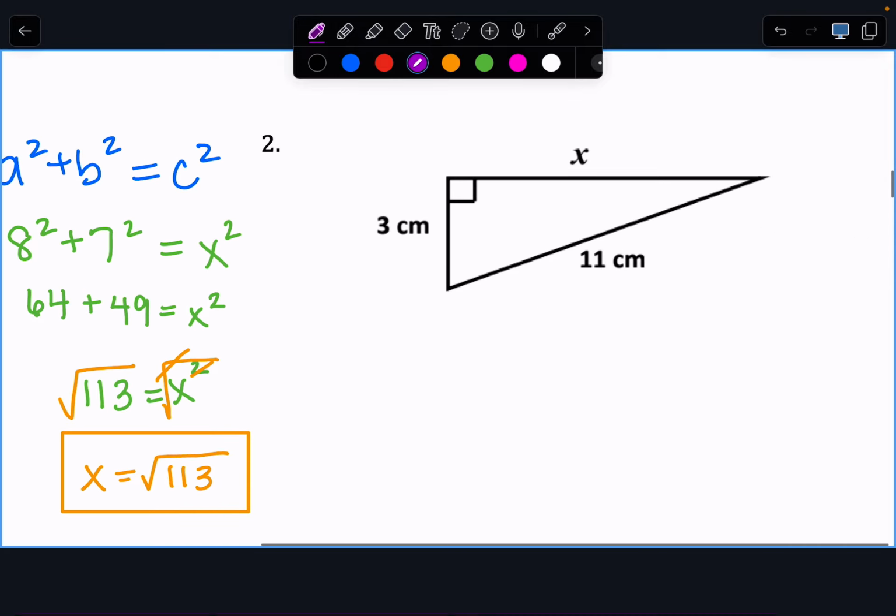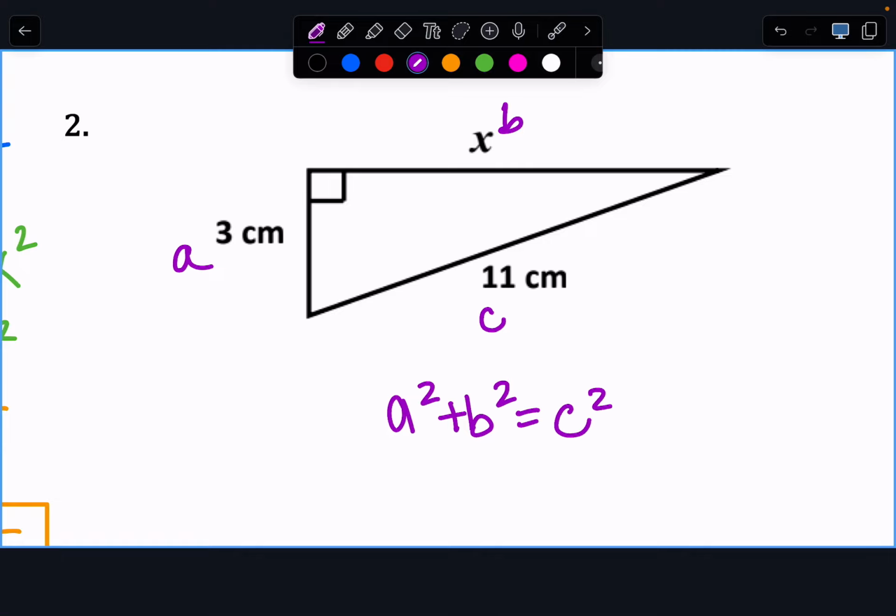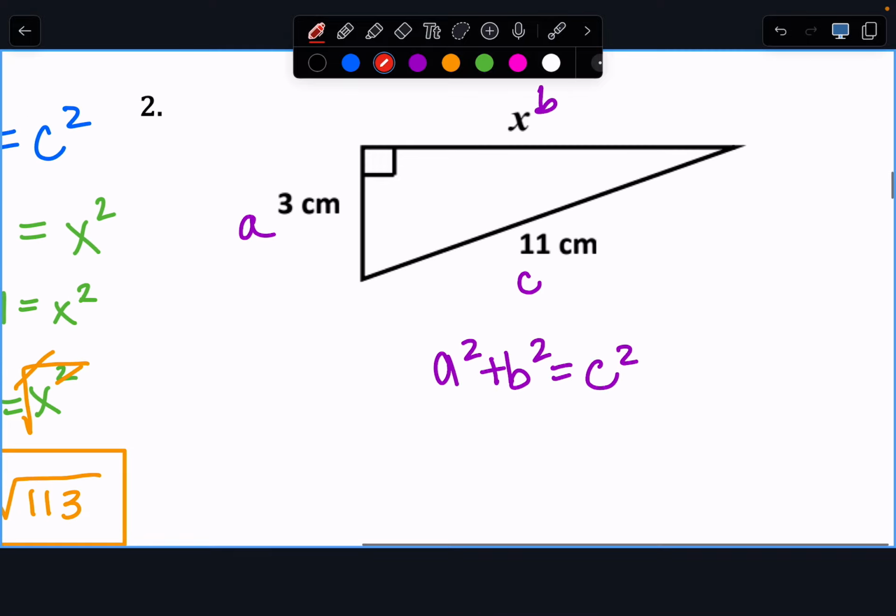All right. Now, in number 2, which side is missing? A. Okay, A or B, I don't care which one you call it, but C, the hypotenuse, is 11. So when we do A squared plus B squared equals C squared, I'm going to write 3 squared plus X squared equals 11 squared.